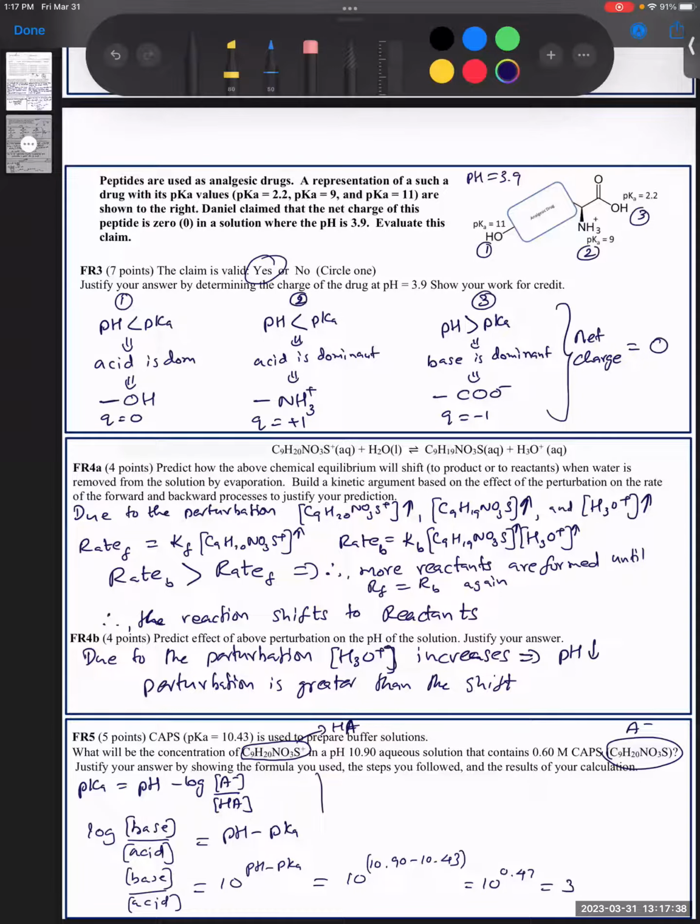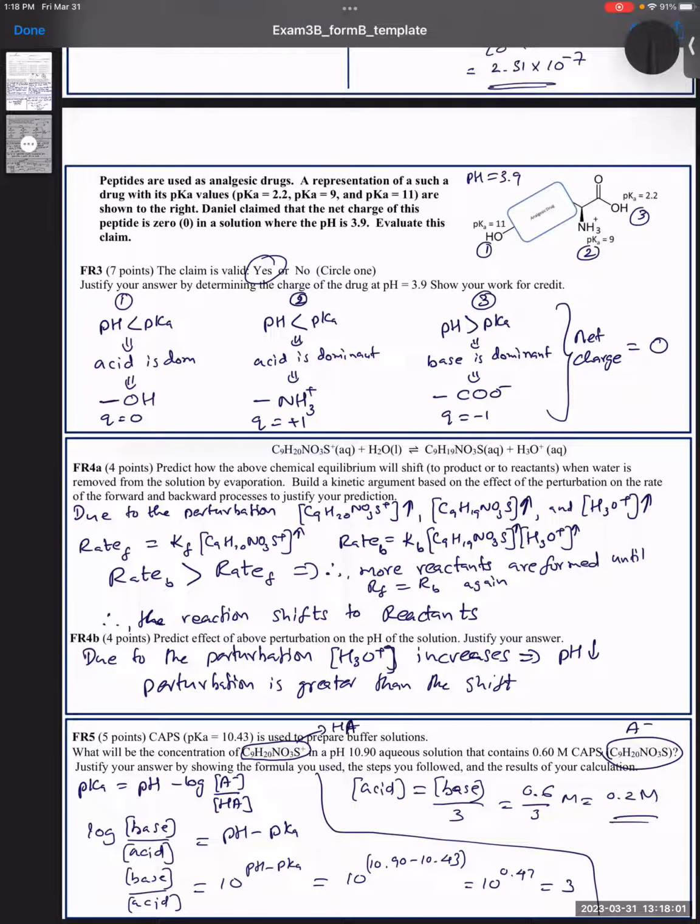Therefore, the acid concentration is equal to base concentration divided by 3, which is going to be 0.6 divided by 3 molar, which is going to be 0.2 molar. All right, so yeah, those are the answers to the free response questions. Actually, all of the free response questions in exam 3B. All right, I'll see you guys in class. Bye, everybody.